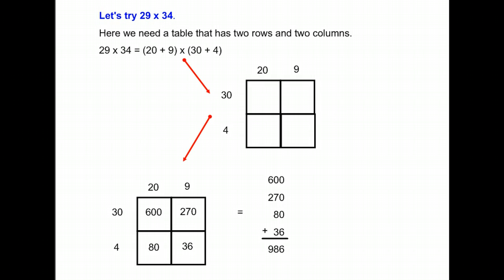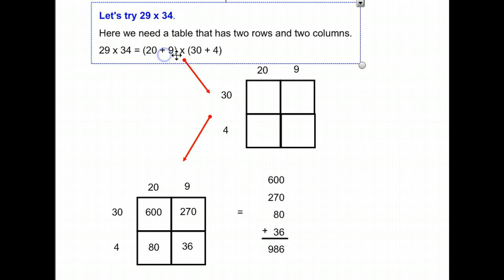Let's try 2 big numbers. 29 times 34. Here we need a table that has 2 rows and 2 columns. So 29 times 34 equals 20 plus 9, that's the 29, times 30 plus 4, that's the 34.